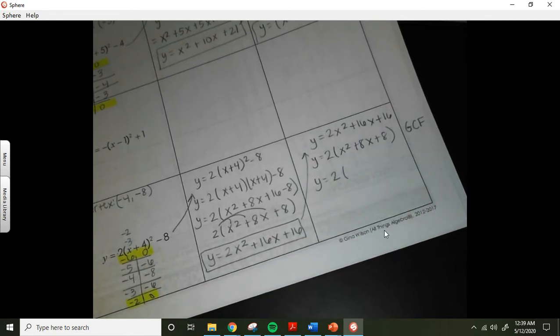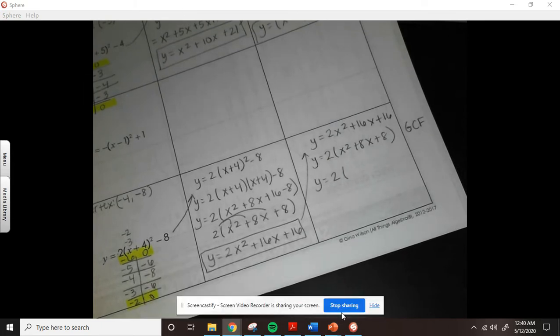Something's not right here. Did I do something wrong? Let's see. I think, all right, hold on one second. I think I'm going to have to do some erasing real quick.